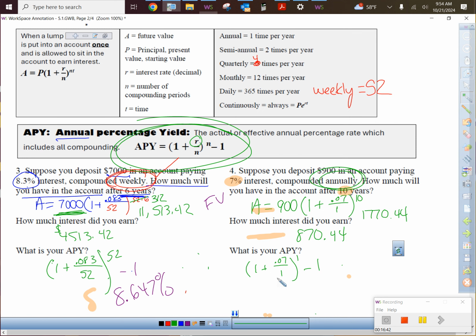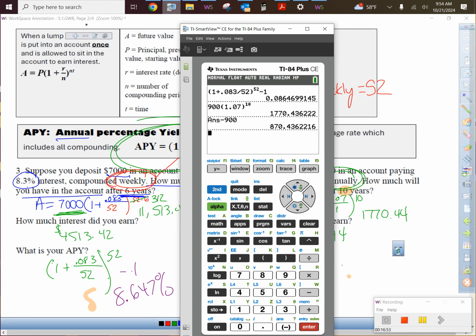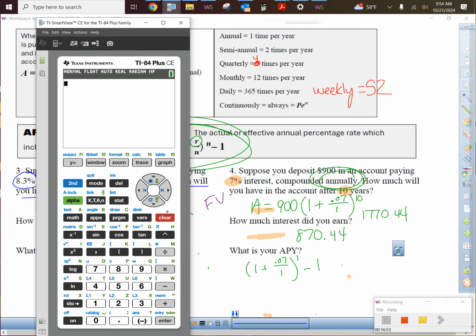So that's going to be a really cool number if you want to punch that in. Punch it in the way I have it typed. Got to use parentheses. 1 plus 0.07 divided by 1 raised to the first, move over, minus 1. And it comes out to be 0.07.